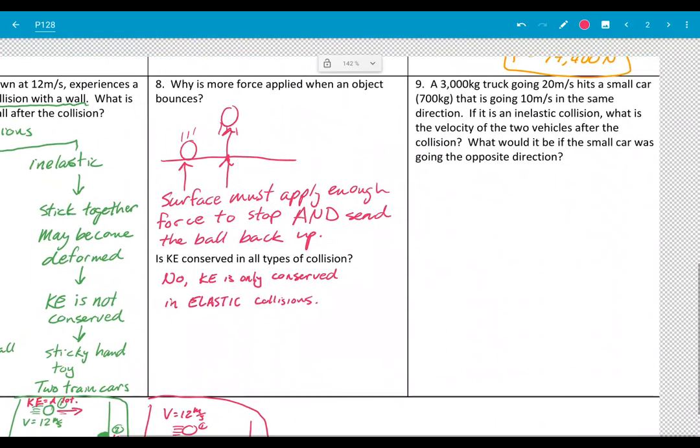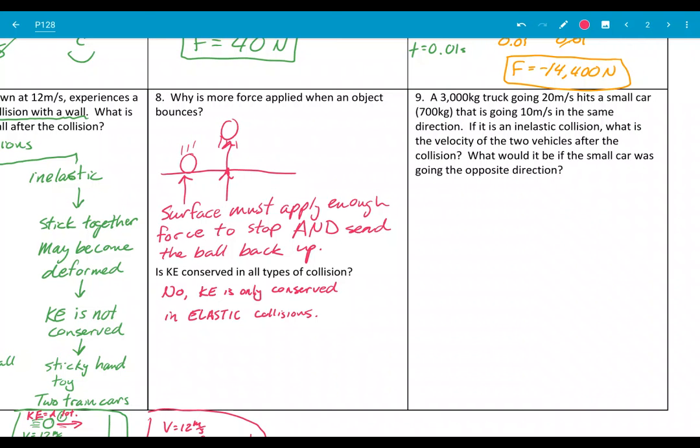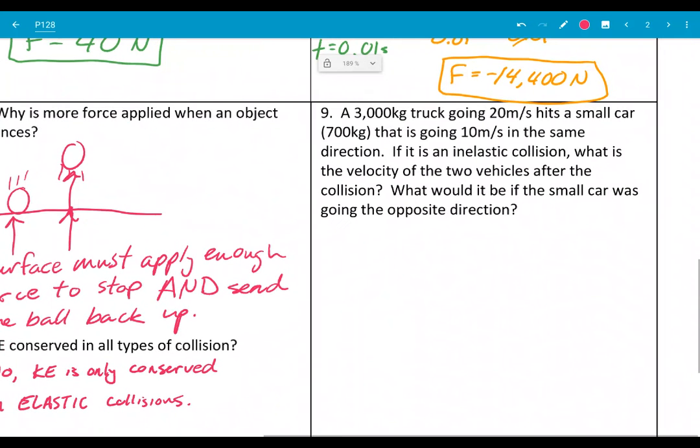All right, and this last question is a doozy. We have a large truck, a 3,000 kilogram truck going 20 meters per second. It hits a smaller car that's going 10 meters per second in the same direction. Let's draw a really amazing truck.